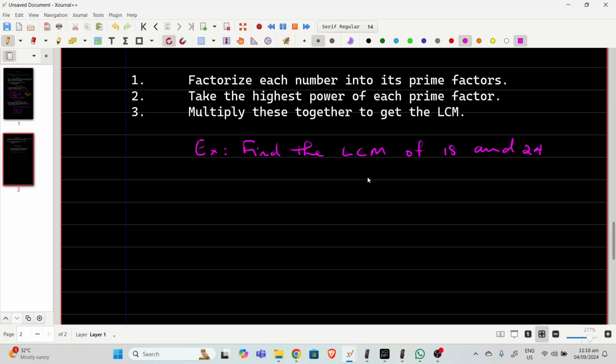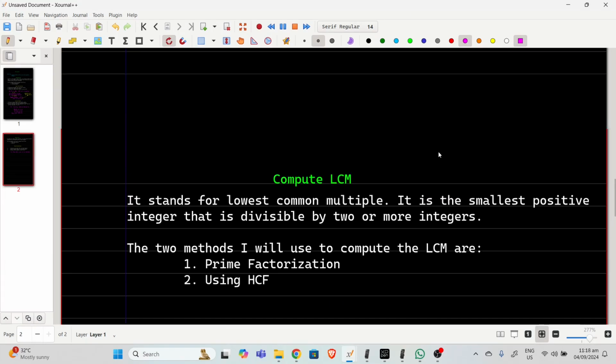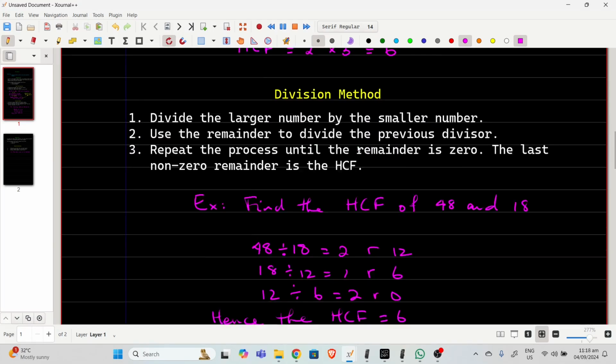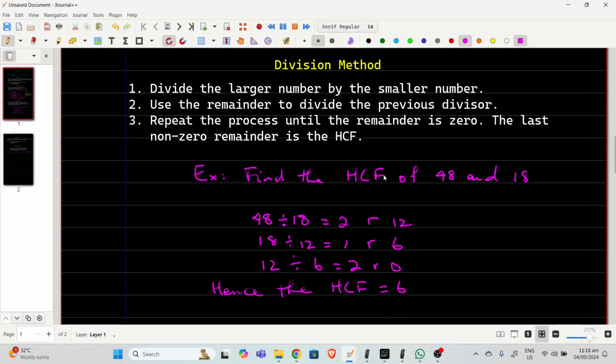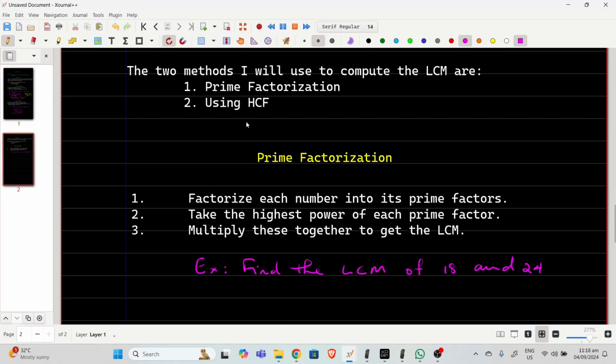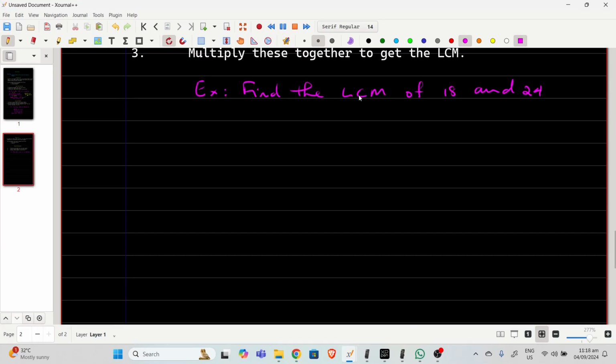Now I chose these values here because I want to use them again with the other method, since I already calculated the HCF for it, which is this 6, and this other method, which is using the HCF, I would need that value. So I'm just using the same example for both, so you can see that they are the exact same result.